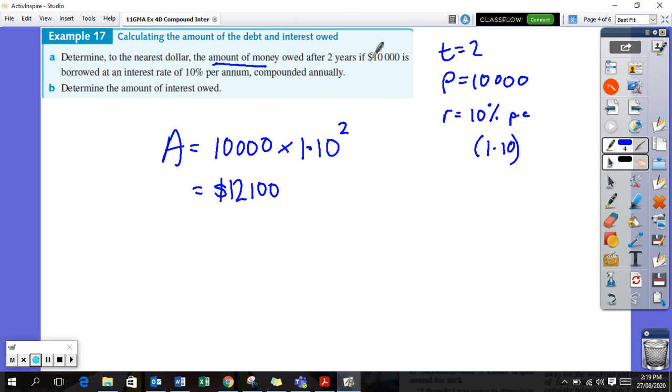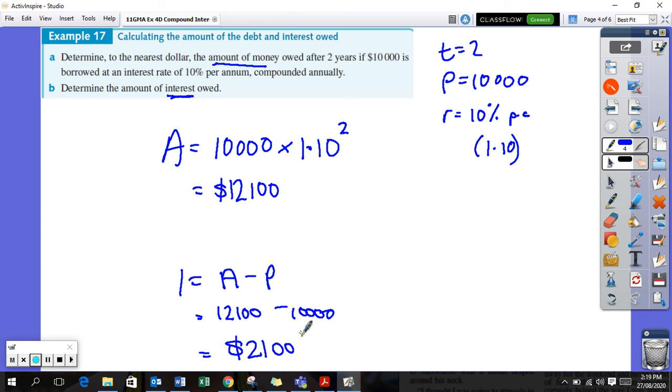So someone's borrowed $10,000 at 10% interest, so that's how much money they have to pay back after 2 years. And the interest, I equals A minus P, so 12,100 minus 10,000, so the interest is 2,100.